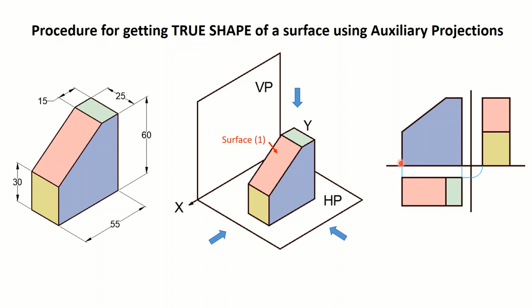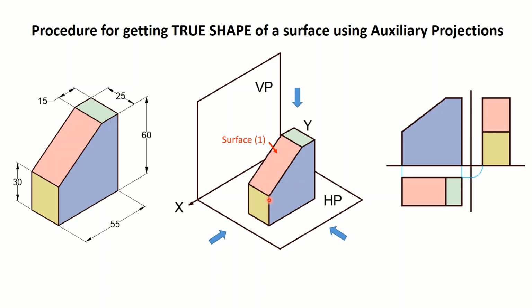Similarly, if you look at this flat surface here in the top view, this flat surface is parallel to HP. So in top view, this surface is appearing in its true shape. Likewise, in side view, this surface is parallel to the profile plane. So this surface will be appearing in its true shape in the side view.